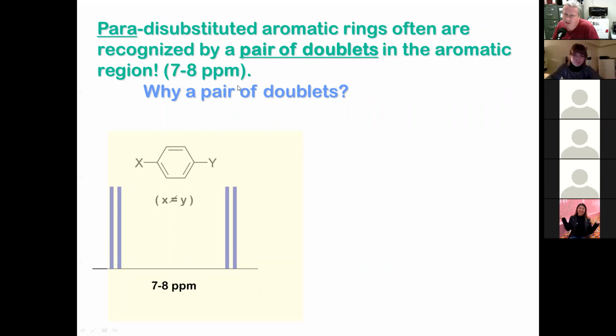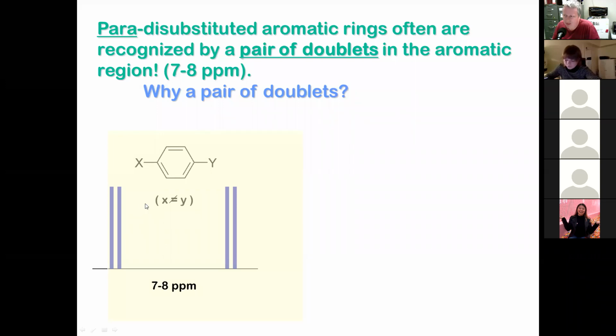Benzenes. Para-disubstituted. So para-disubstituted means you have a benzene and X and Y are on opposite sides of the benzene. We're assuming X is different than Y. So it's maybe a chlorine and a nitro or methyl or something like that. What do you expect? A pair of doublets. Why do we see a pair of doublets?